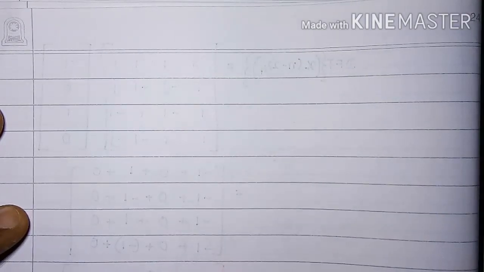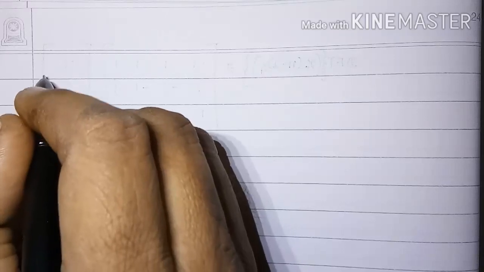Next we will take the time reversal property of DFT. It is property number 4.